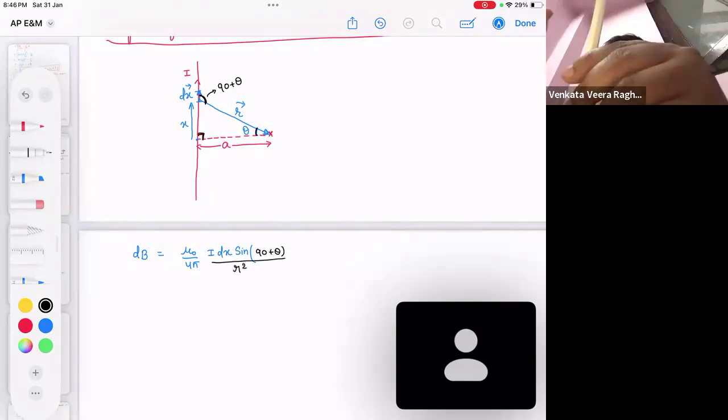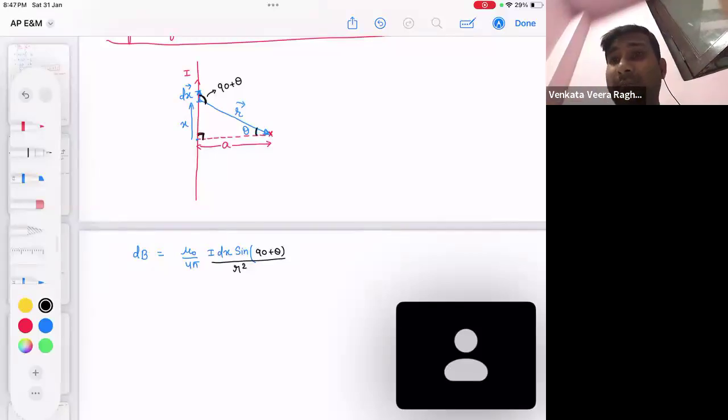And if you calculate the direction, is it coming into the plane? Check the direction. If you keep your thumb in the direction of current and fingers where you want to calculate, is your palm representing into the plane?